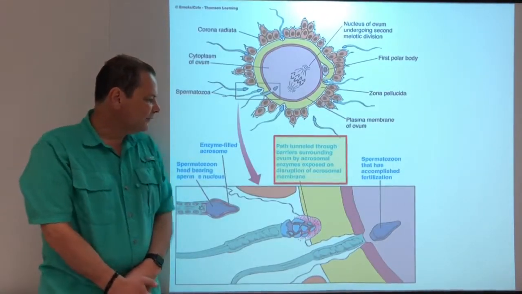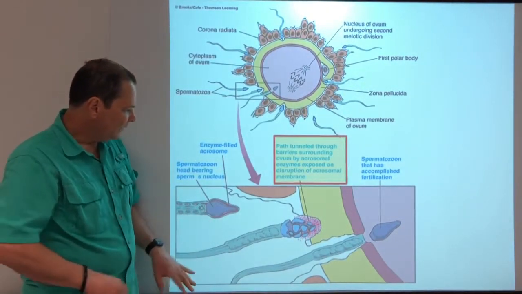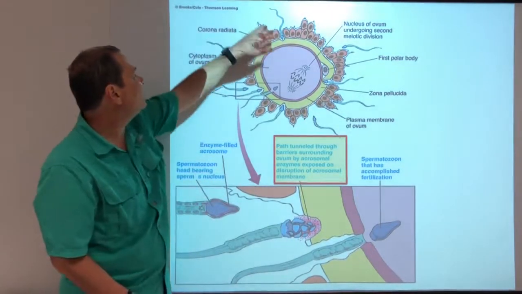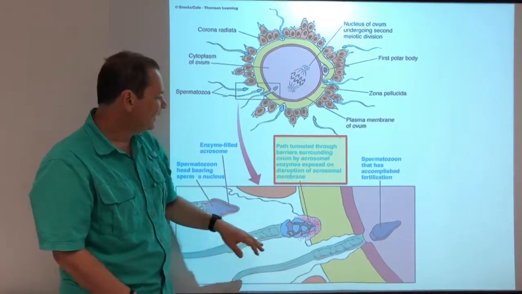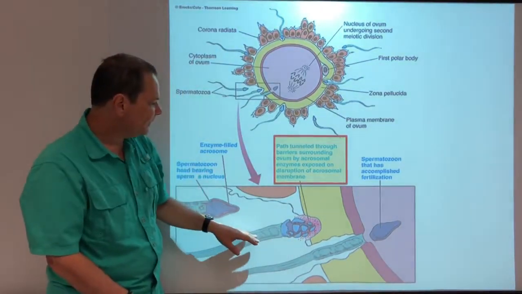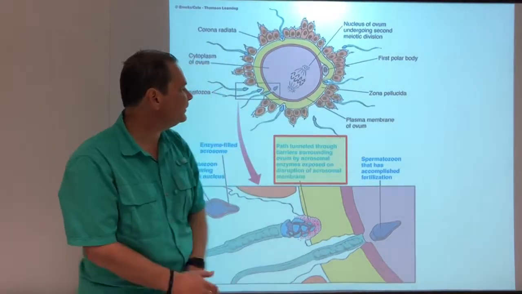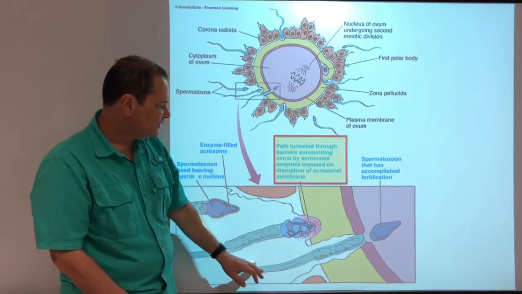So this slide is an overview of what happens. We have our sperm and our oocyte, and the sperm approaches and burrows in through the corona radiata, and basically it manages to tunnel through the zona pellucida, which is probably the biggest barrier to fertilization, as you can see here.